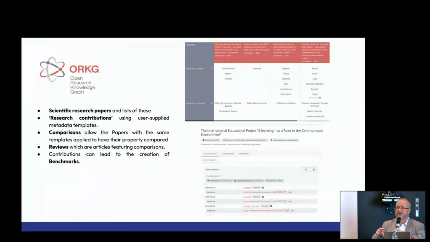Do you have authors, and are they modeled the same way, or slightly differently? Then we can start doing the mappings between them. You have research contributions using user-supplied metadata templates, basically describing additional information you add on top of the publication. You have comparisons, reviews, and benchmarks. I'm not going into the details.